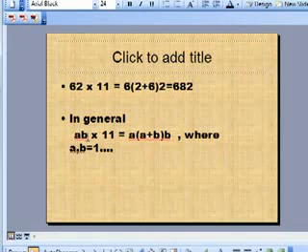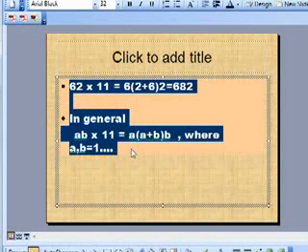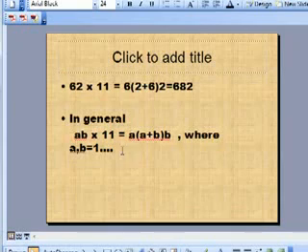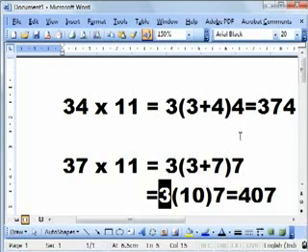The general rule: a b, where a, b are 1, 2, 3, etc., multiplied by 11 gives us a, a plus b, b. So there is a condition, like the second example which I have shown you.